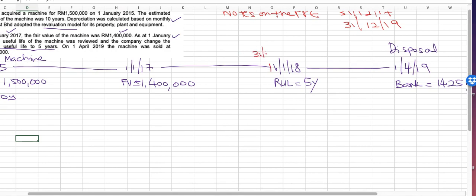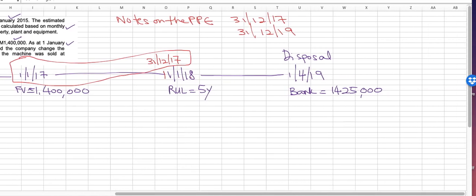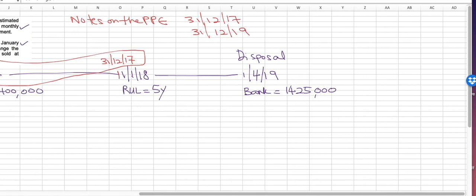So 31st December 17 is here. So you need to show all transactions that fall in this year, 2017, as well as, okay, so this one, the 1st January 18. So because this is April, so we assume 31st December 18 di sini lah.